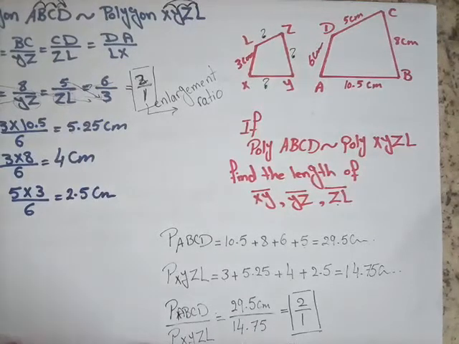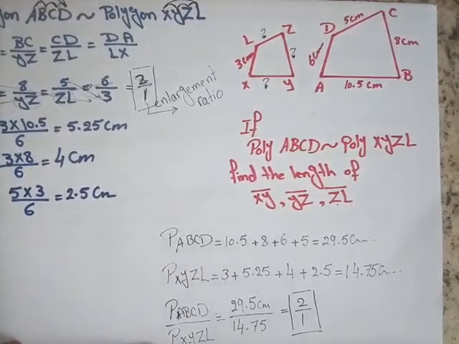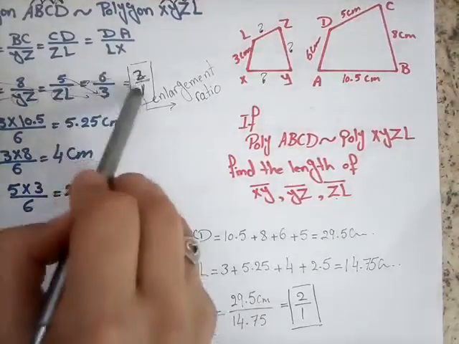If we find the ratio between the perimeters of the two polygons, the perimeter of polygon ABCD over the perimeter of polygon XYZL equals 29.5 over 14.75. It will be 2 over 1. From this example, we can deduce that the ratio between the perimeters of two similar polygons equals the ratio between the corresponding sides.